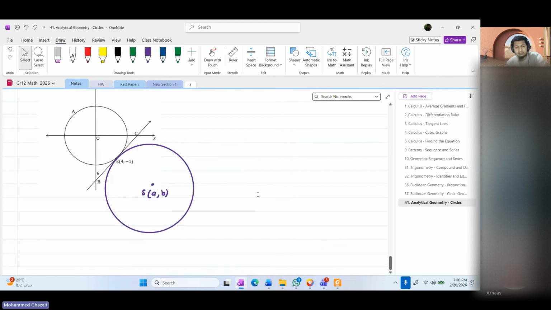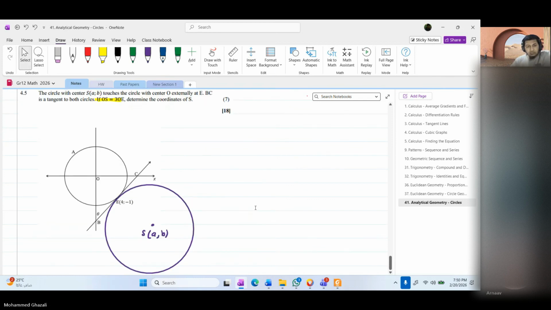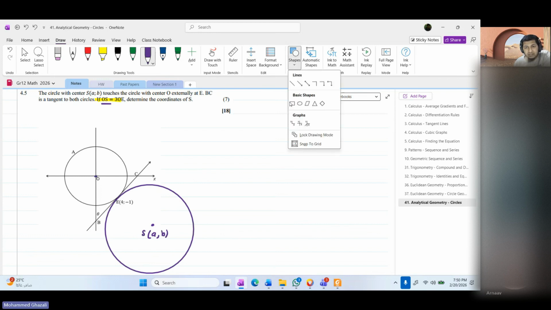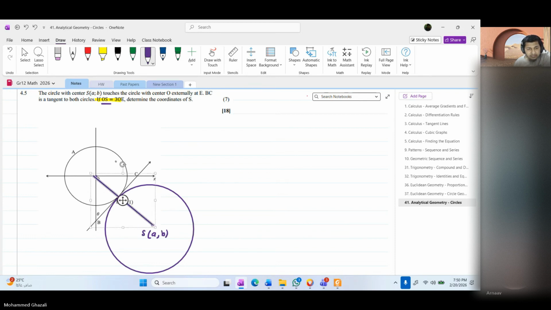Right? OS, where's OS? OS is from there to there. The length is from the center of the small circle to that point, right?